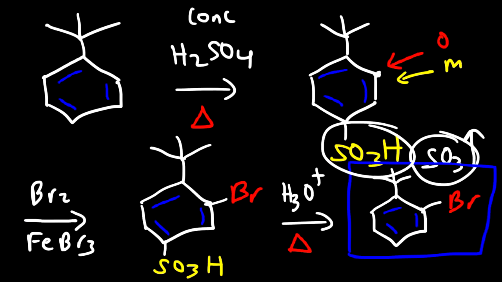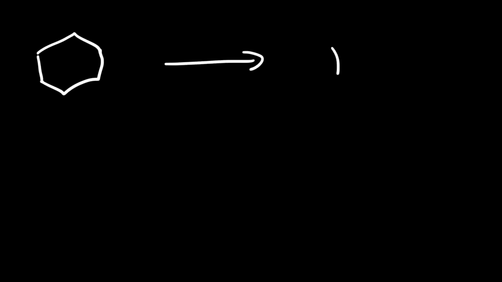You can use sulfonic acid to block a position, and then once you add your group, you can then desulfonate the ring, removing the blocking group, giving you your product. Now there's one more example that I want to go over. So let's make a tri-substituted product. So starting from benzene, how can we put these three groups in these positions?